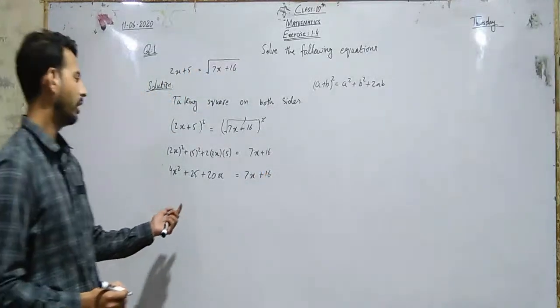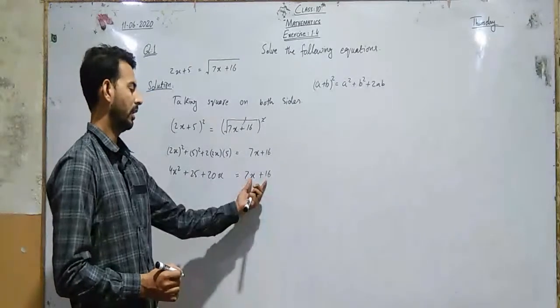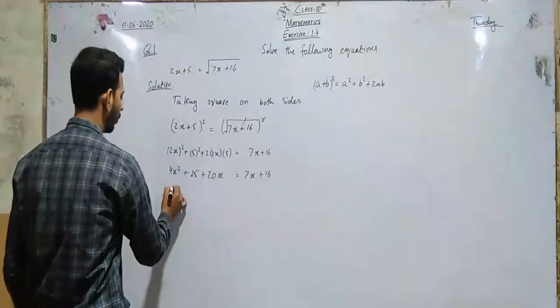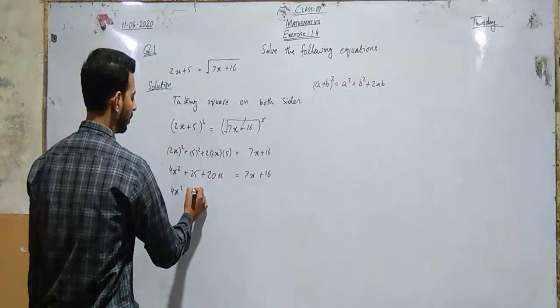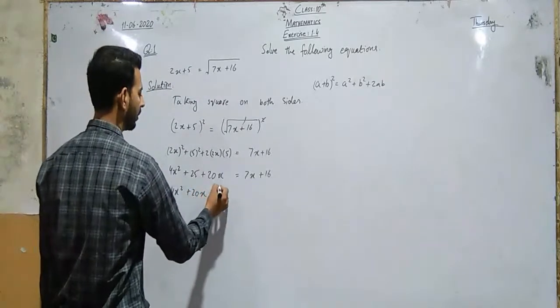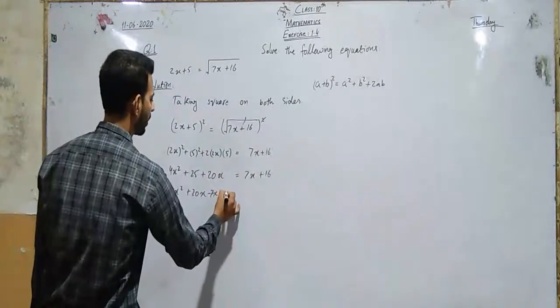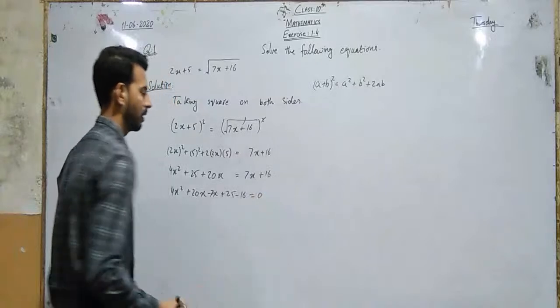Students, we have to make it a standard form, so 4x squared plus 20x minus 7x plus 25 minus 16 equals 0.